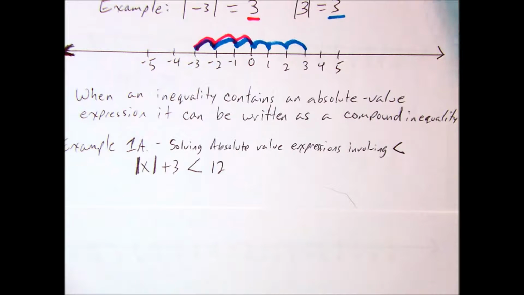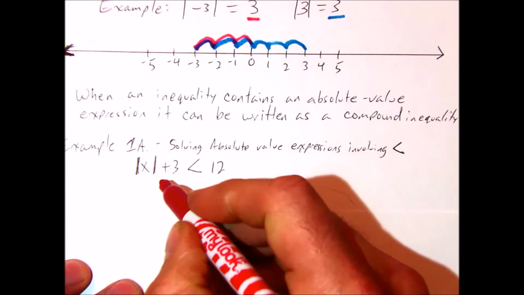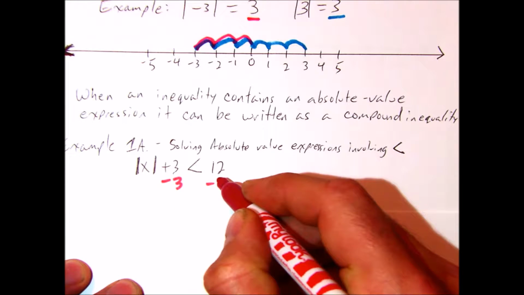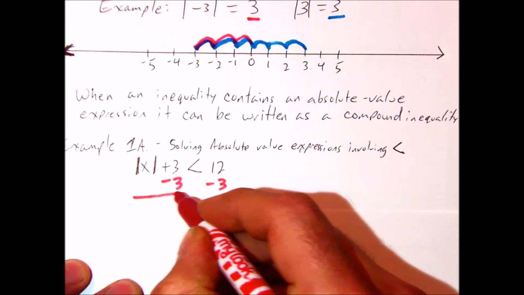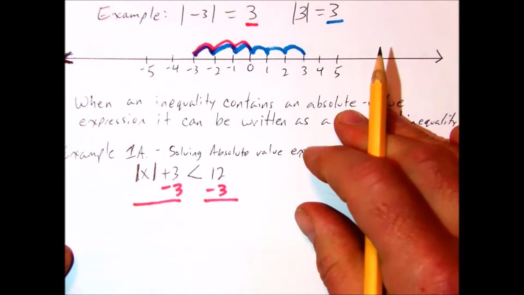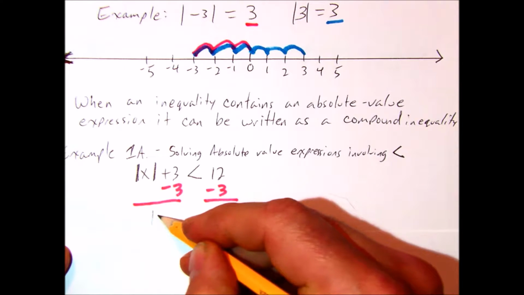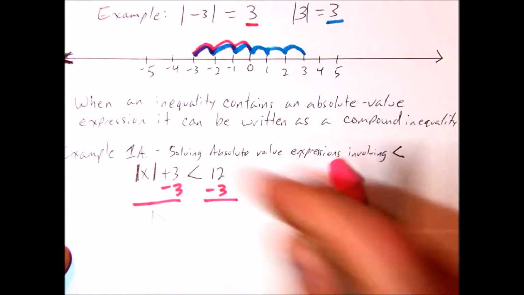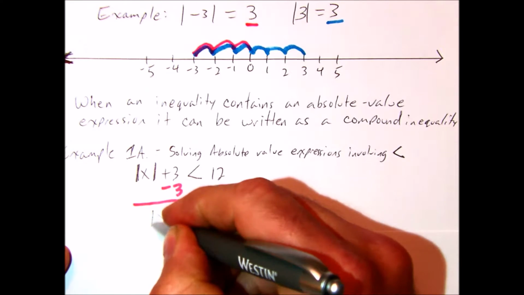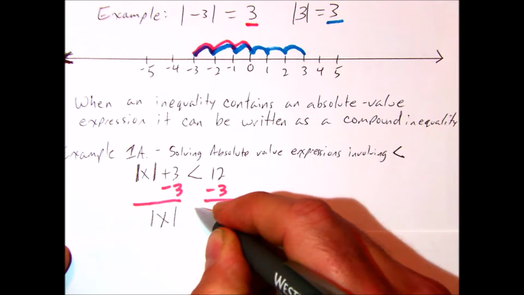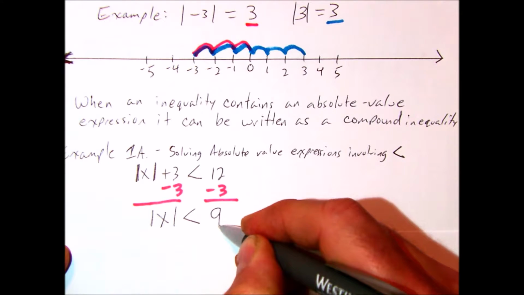So if I subtract 3 from both sides, I'll get, now let me switch to my pen, the absolute value of x is less than 9.